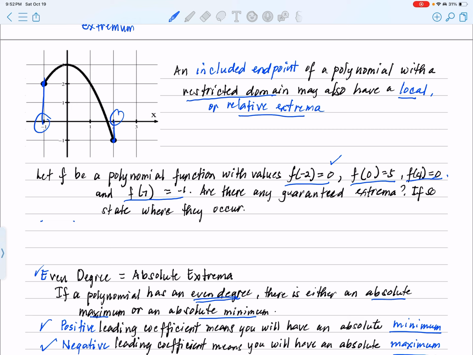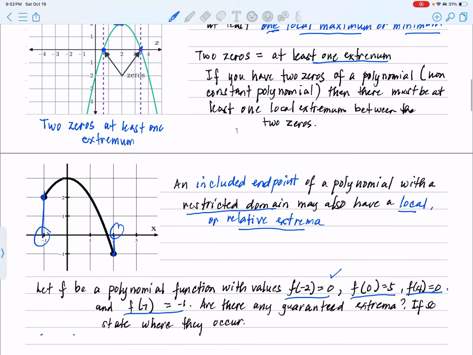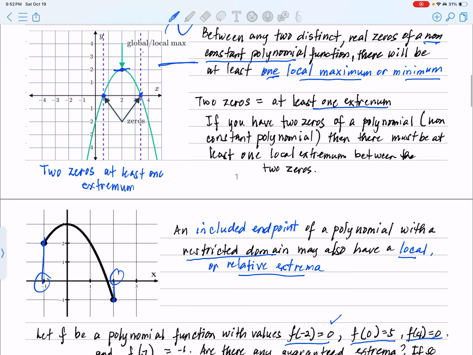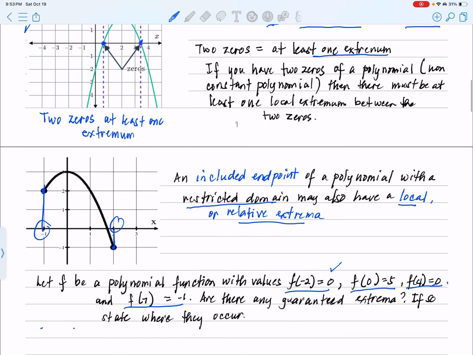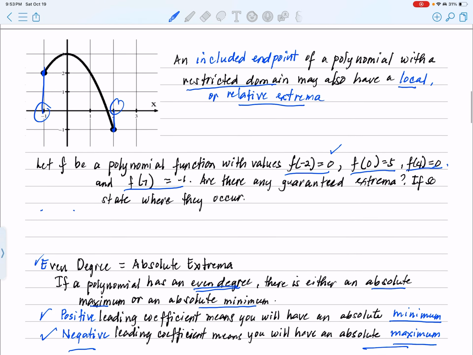If we look at this, be sure we have this concept right here. We could have an extrema if at least we have two zeros. We could have one extrema. So in this case, we have to look for the zeros. We can find one zero here and another zero, when f is at -2 and when f is at 4.